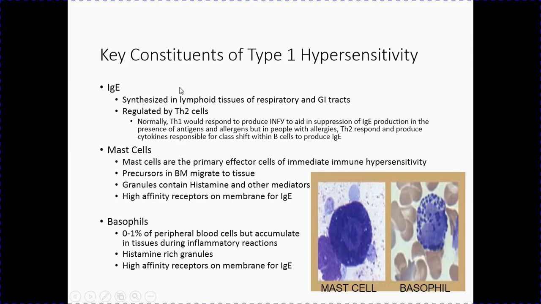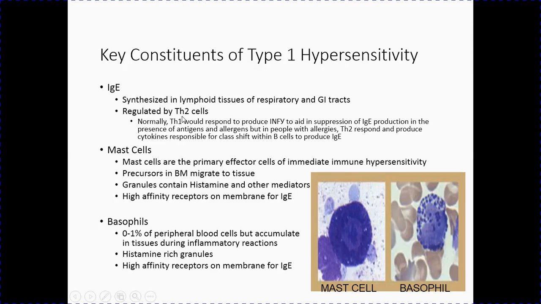It's synthesized primarily in the lymphoid tissues of both respiratory and GI tracts. And it's important to know that in hypersensitivity reactions, this process is regulated by T helper 2 cells.